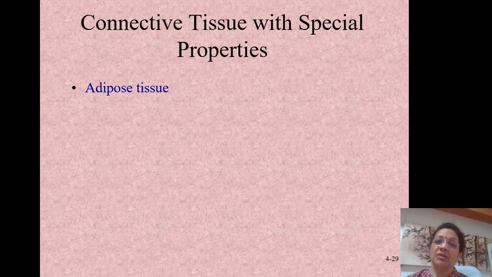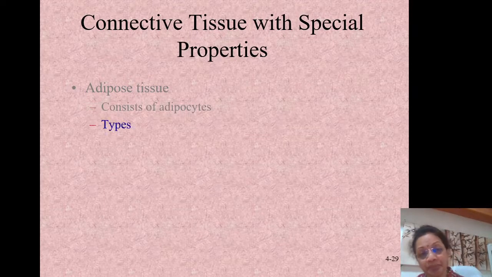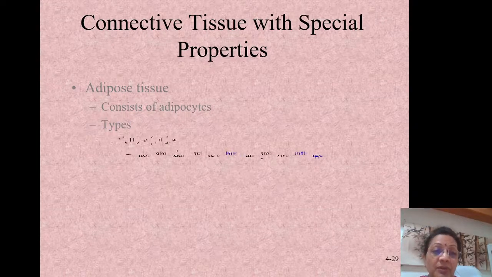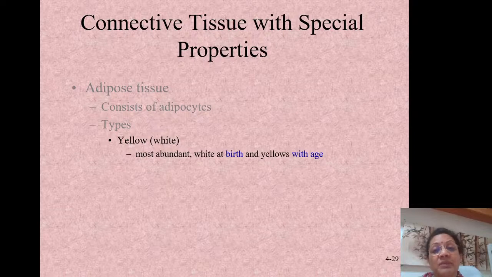Special properties, we already said. One of the specializations of connective tissue is fat. The purpose of it is to store energy, fatty material, which is a high energy releasing material. This fatty material, to the naked eye, can look white or brown, which is why it's called white fat or yellow fat, as well as brown fat.